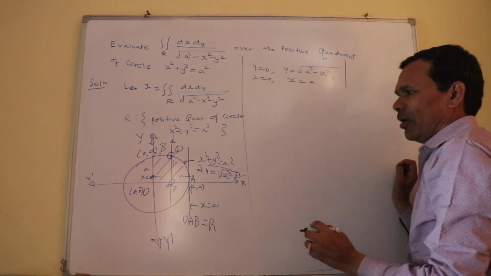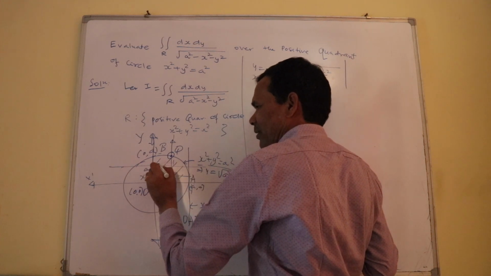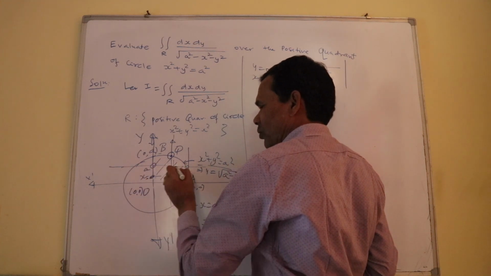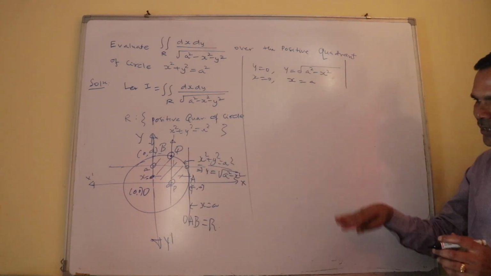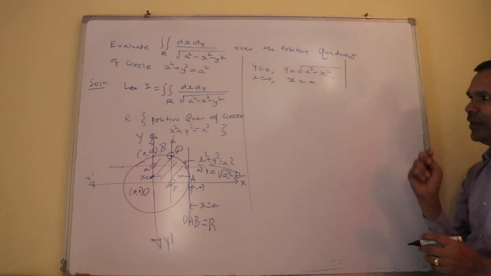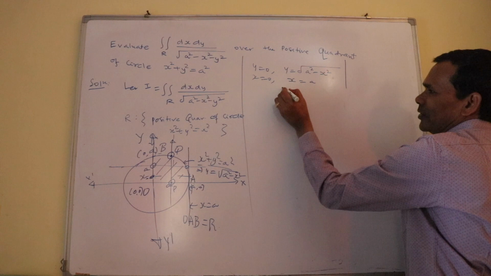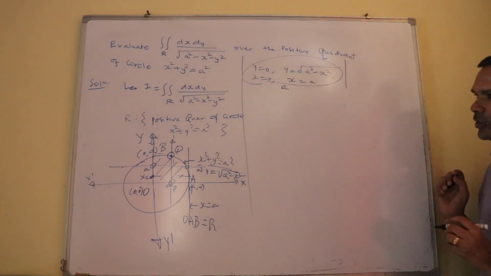Now you can take a horizontal strip also. You encircle here, x is equal to 0, x is equal to root of a square minus y square, and vertically you move from y is equal to 0 to a, getting another set of limits. No need of considering that; we consider this set of limits for the region of integration.